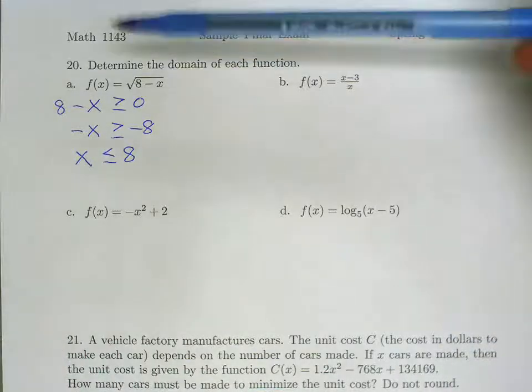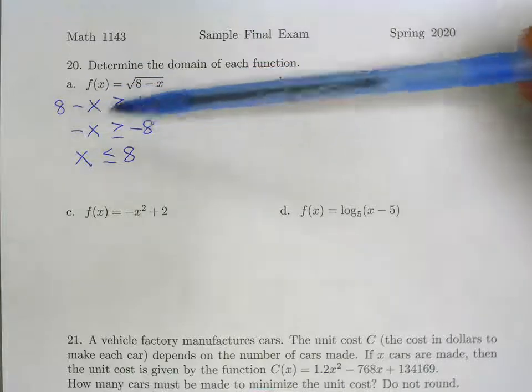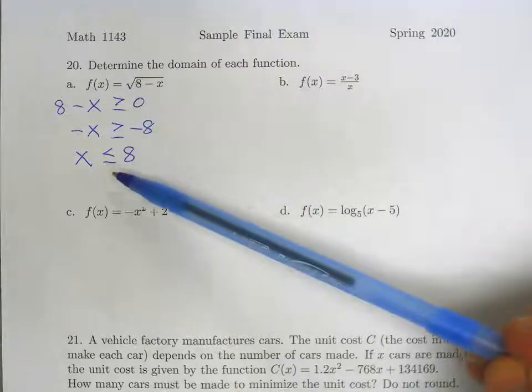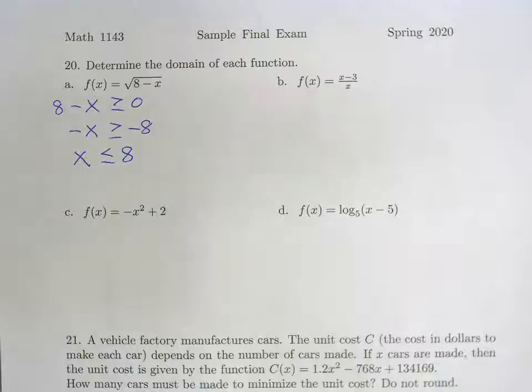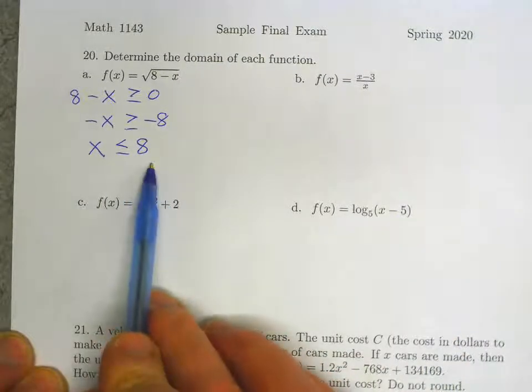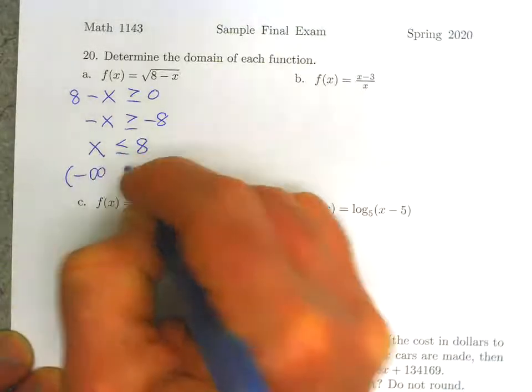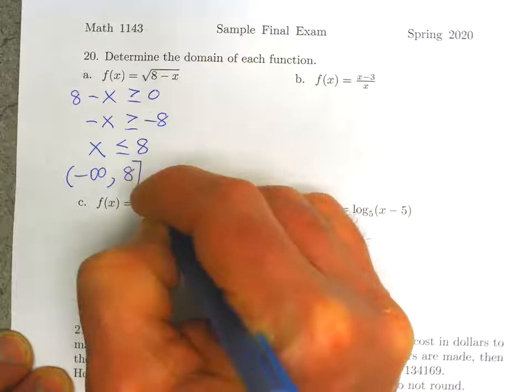So just remember, whenever you multiply or divide both sides of an inequality by a negative number, you have to switch the inequality to its opposite. And then the interval notation for x less than or equal to 8 is parenthesis -infinity, comma 8 bracket.